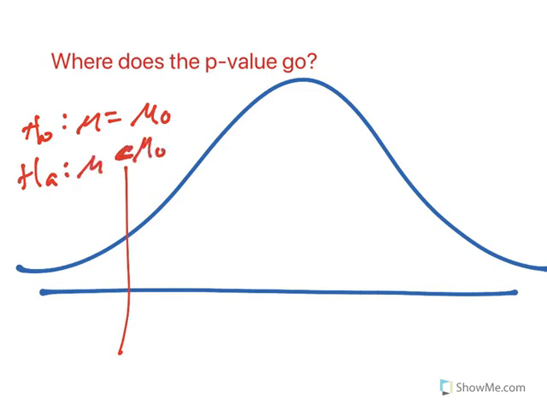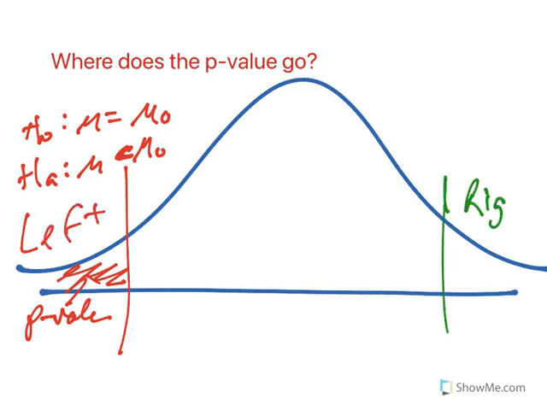So when we have less than, we're talking about a left-tailed test. So our p-value is going to lie on the left. Makes sense, right? So left-tailed test, it's on the left. If we have a right-tailed test, then our p-value is going to live on the right tail. This should make sense.